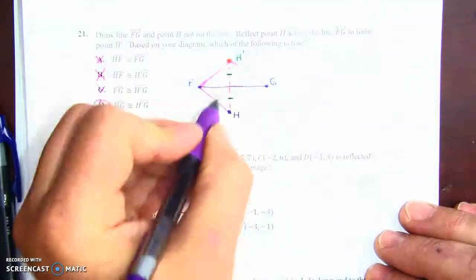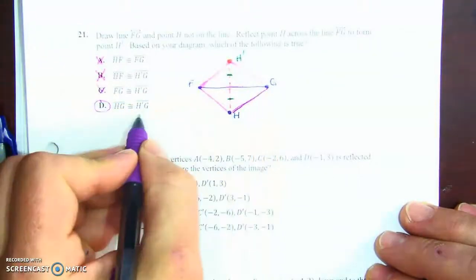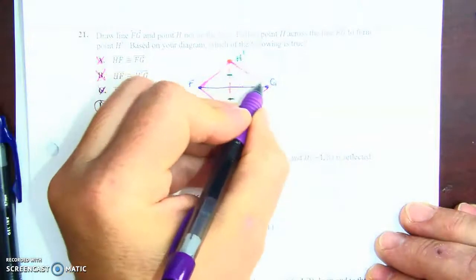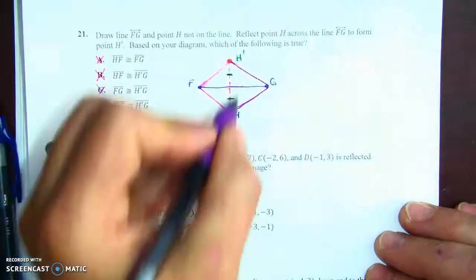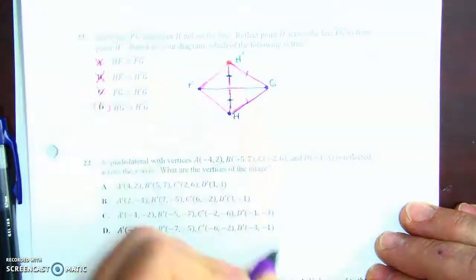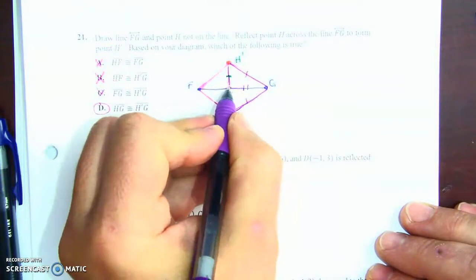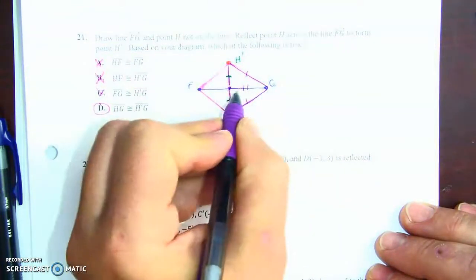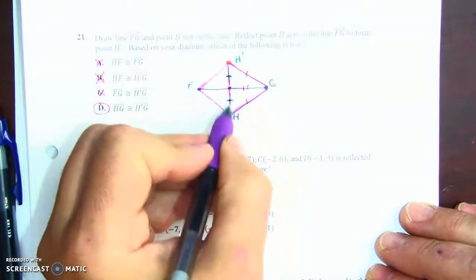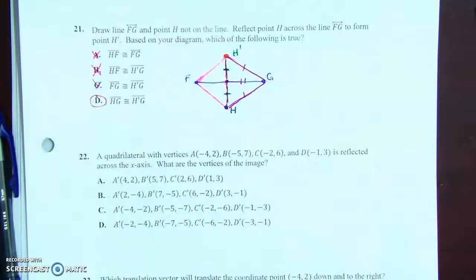So we're talking about HG, which is right here, and it is congruent to H prime G. This is true because we know that this distance and this distance is the same. And we can say that this distance from here to this point is the same because of the reflection property. And then because these two are congruent, that means the third side of those triangles are going to be congruent to that one too.